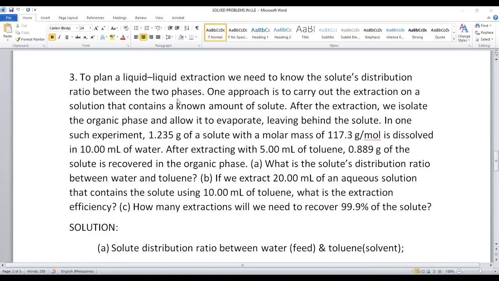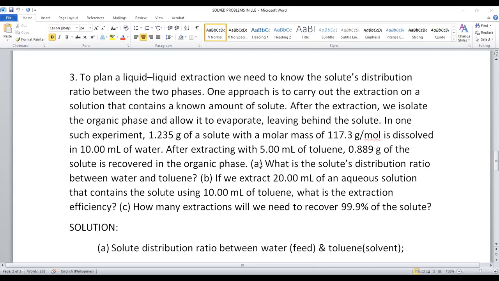In one such experiment, 1.235 grams of solute, unknown in identity, with a molar mass of 117.3 grams per mole, is dissolved in 10 ml of water. Now, your solute with this mass was dissolved in this much of water.